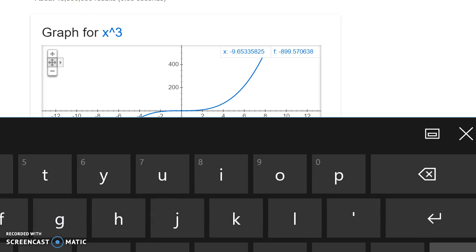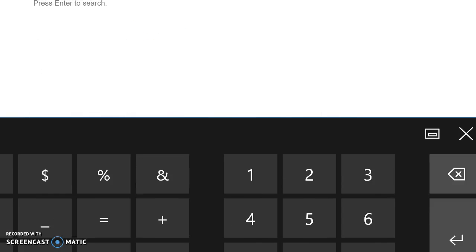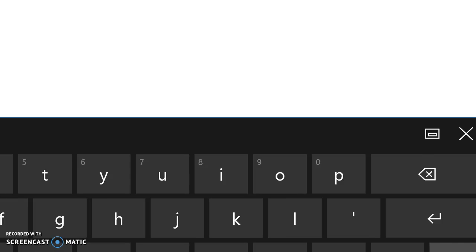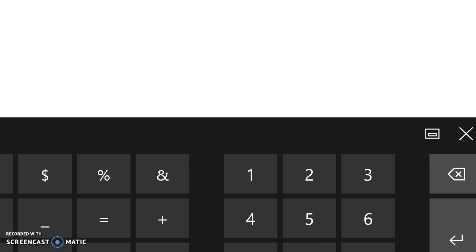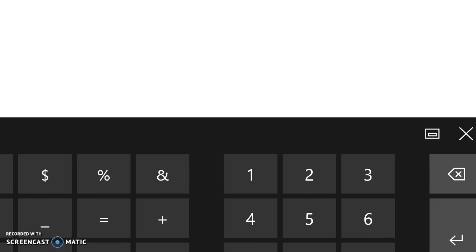We're actually going to say minus x to the fifth, so a fifth degree function, still an odd degree, plus 3x to the fourth plus 6x cubed minus 8x squared minus 8x.